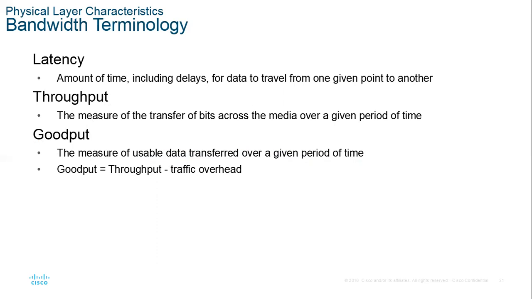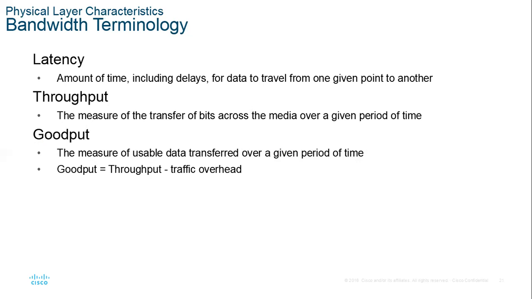Then throughput. It's the measure of the transfer of bits across the medium over a given period of time. For instance, with ISPs, at times you wonder, why do you have low latency and low throughput? If you run a subscription-based internet service, they might tell you, okay, we're giving you 1 terabyte of data over, let's say, 30 days.